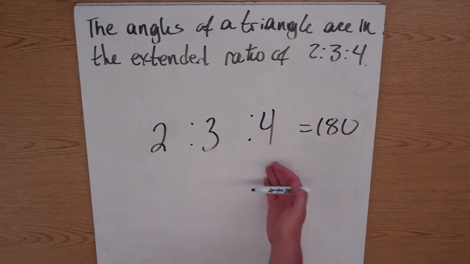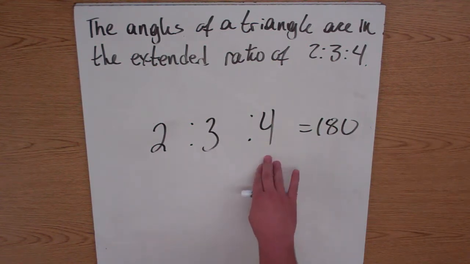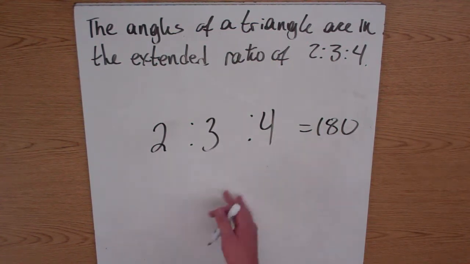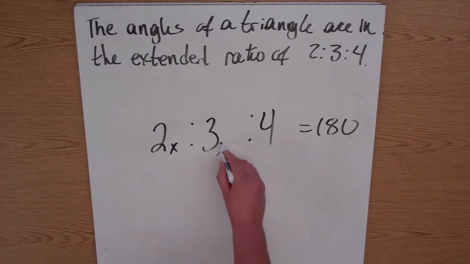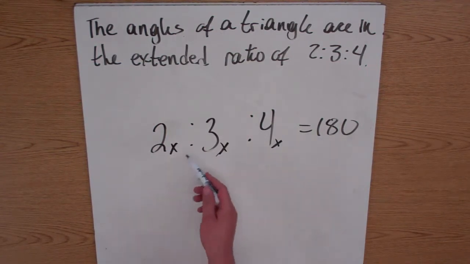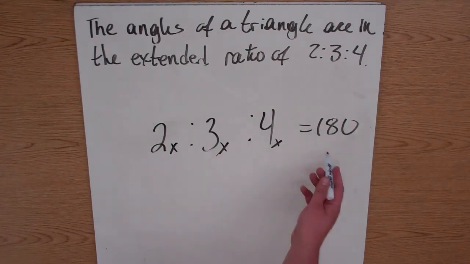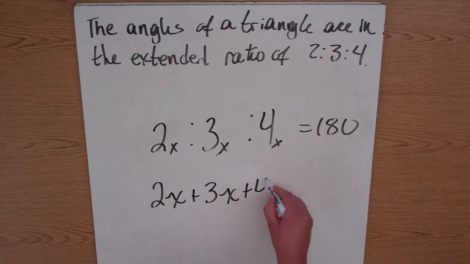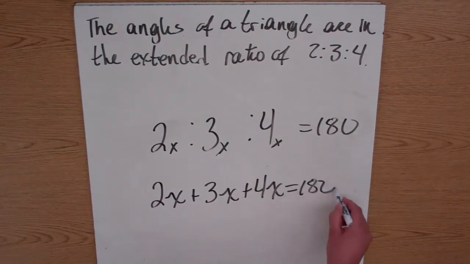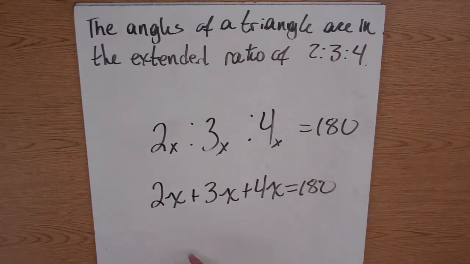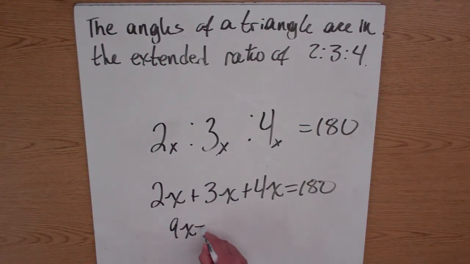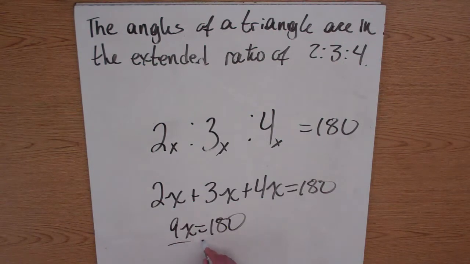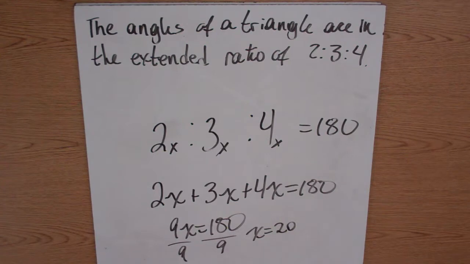So we need to figure out somehow to where we can do some math with this to make it equal 180. Well, if you simply throw an x here, 2x, 3x, 4x equals 180, then you just simply add them together. 2x plus 3x plus 4x equals 180. You solve down and do the math. 2 plus 3 is 5, plus 4 is 9x equals 180. Divide both sides by 9, so x equals 20.